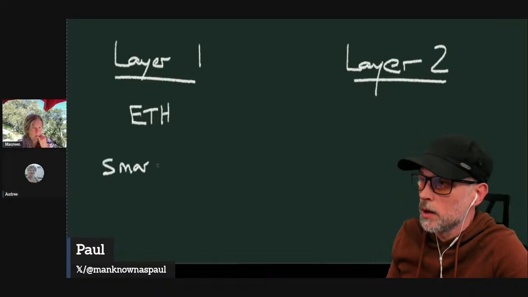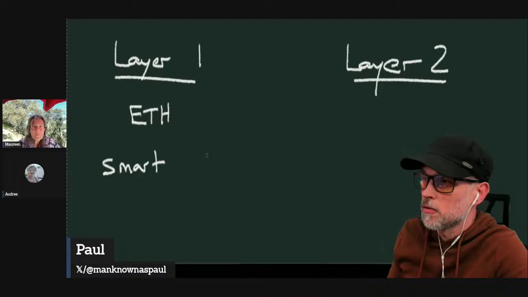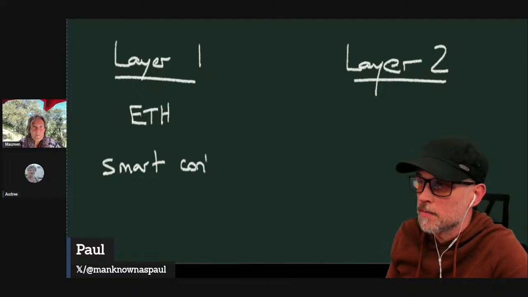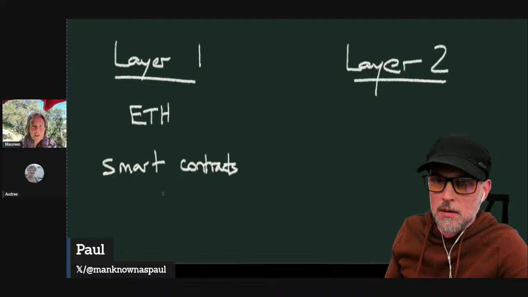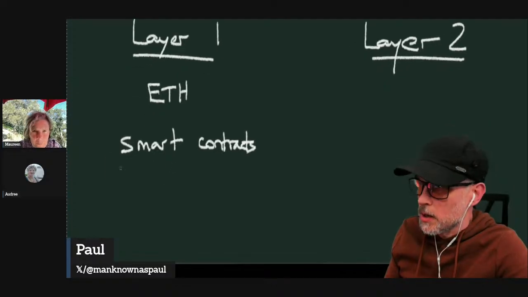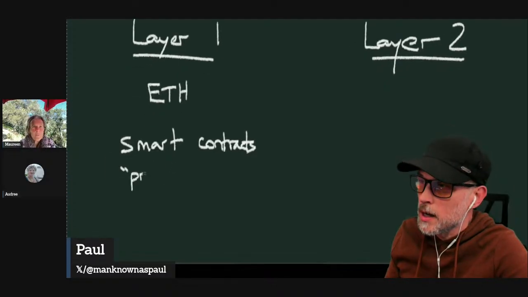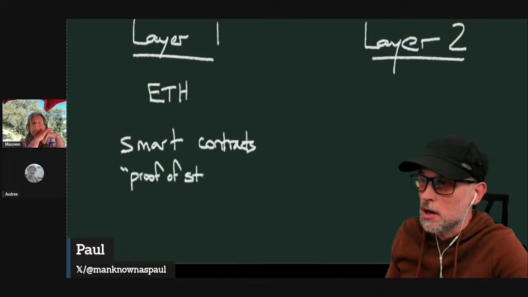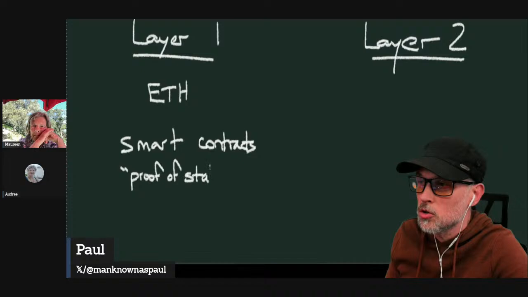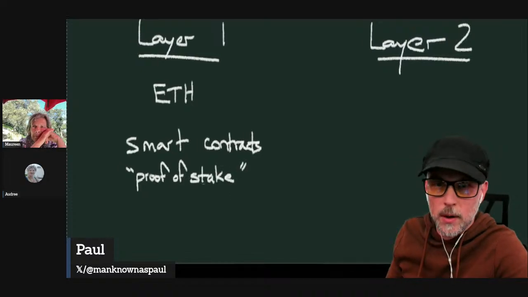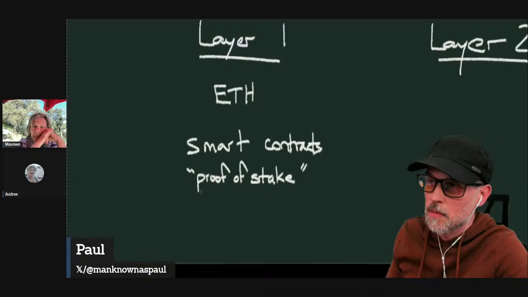What Ethereum is, is a ledger for smart contracts. And that's the blockchain. This is where we get proof of stake, because you can start a contract without having to exchange money. You can exchange a contract without there being a transaction.